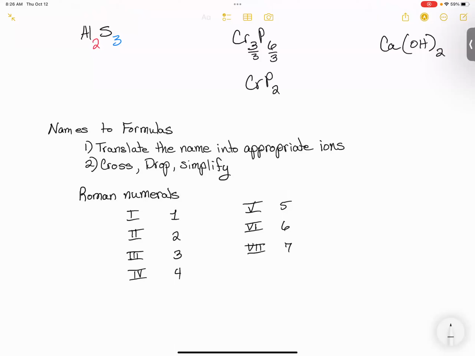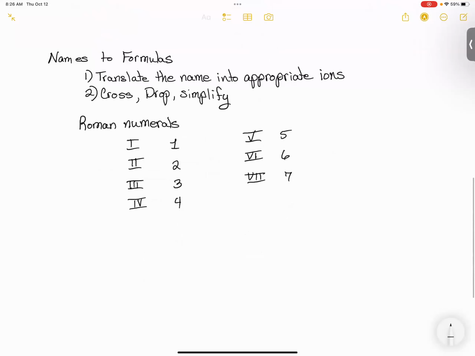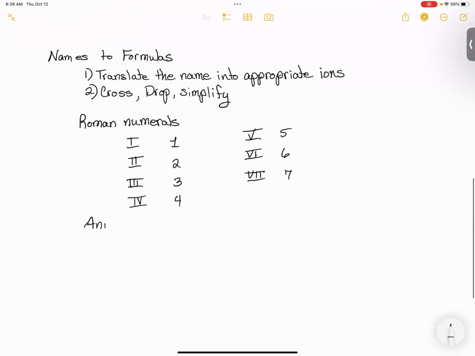It means that it is an anion of an element.